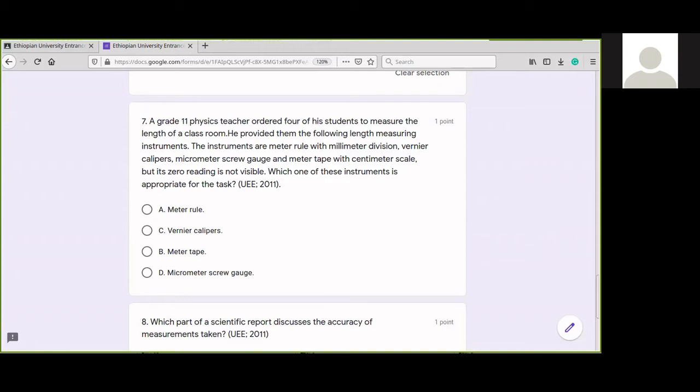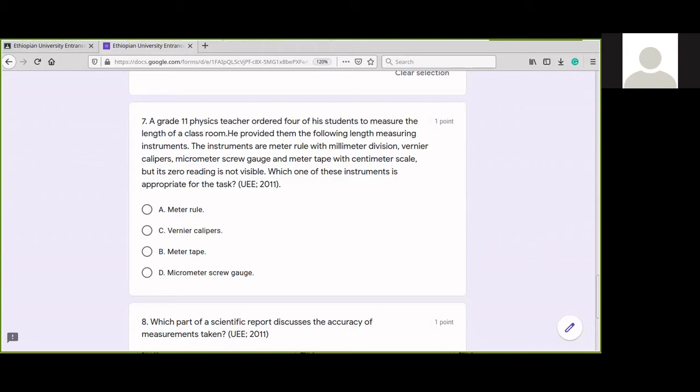Which of the following instruments is appropriate for the task of measuring the length of the classroom? A, meter rule; B, Vernier caliper; C, meter tape; D, micrometer screw gauge.